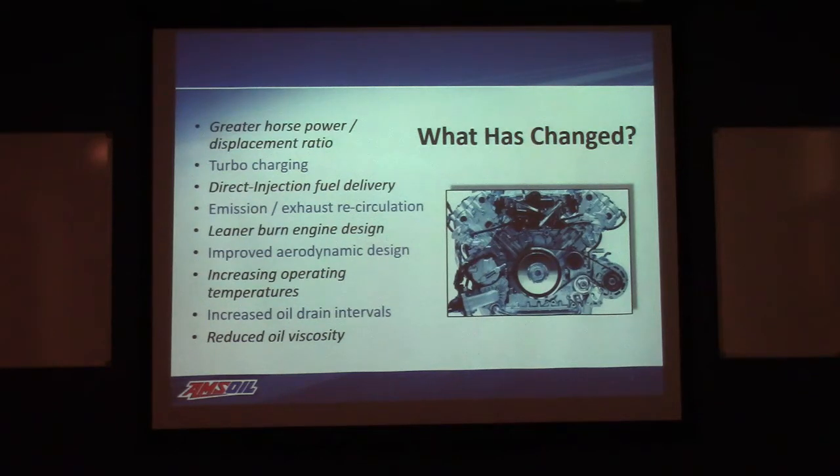To give you an example, back in the 70s, the temperature underneath the hood averaged around 170 degrees. In the 90s and 2010 era, those average temperatures increased to over 225 degrees.